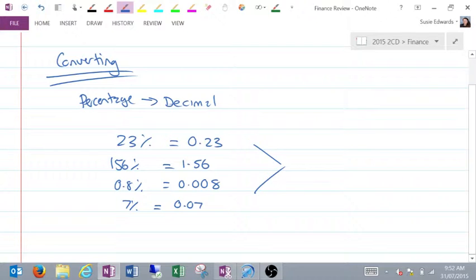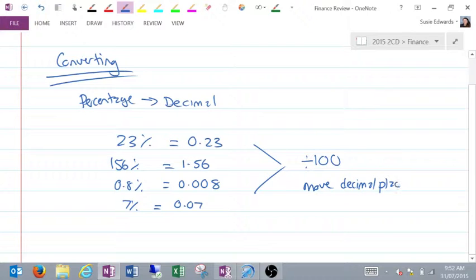So instead of timesing, what could we do? We could divide by how much? 100. We divide by 100 each time. So to get from a percentage to a decimal, we divide by 100. What's a good way of thinking about doing this without saying divide by 100? We just do what, Zen? Good. We move the decimal place.